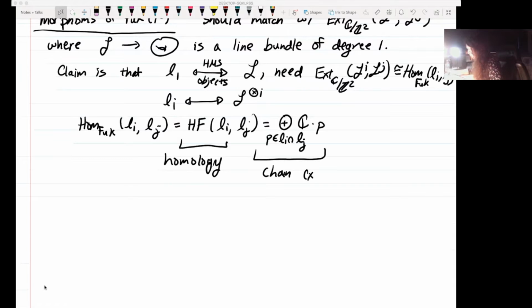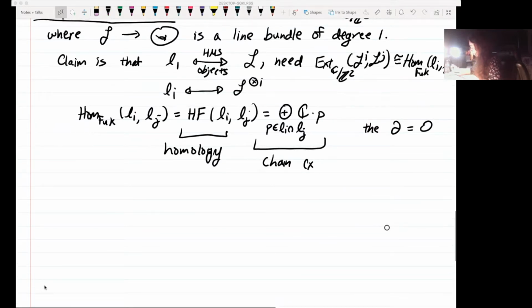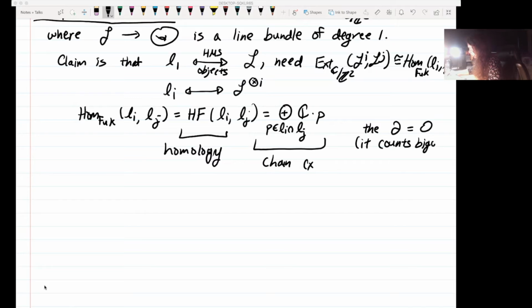And the reason these are equal is because, and I'll say more about the differential when I go to sections 2 and 3, the differential here is 0. It counts bigons, analogous to how we will count triangles in this example.